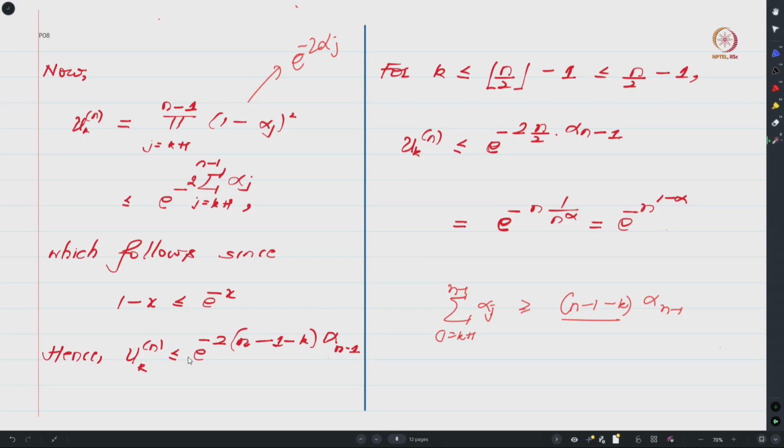So now what we will do is work on the case where k is roughly less than n over 2 minus 1, and see if we have a clean expression for this upper bound on ukn.